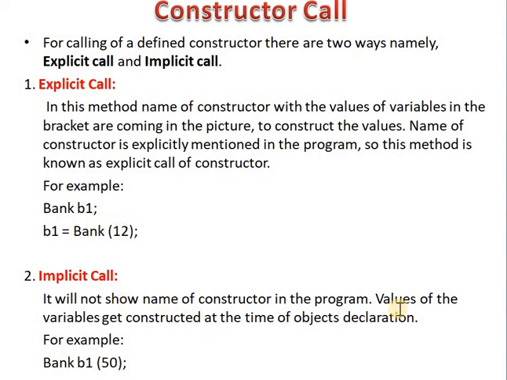But in this, the values of the variables get constructed at the time of object declaration. Whenever we create an object of a class in the main function, at that time the values get constructed for the defined variables.